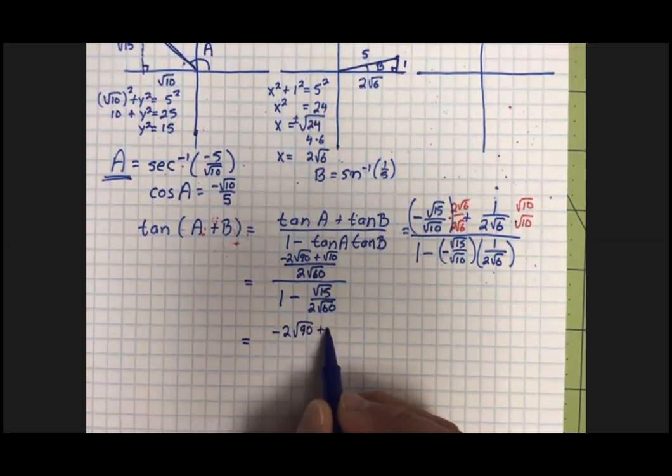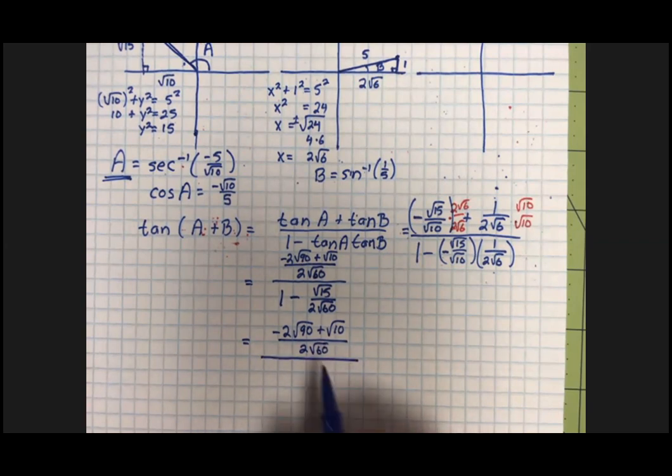And then if we're really brave, we're going to check it on the calculator. And then divided by 2√60 minus √15 over 2√60. And remember, I'm just calculating tangent. I'll still have to flip it over again for cotangent.